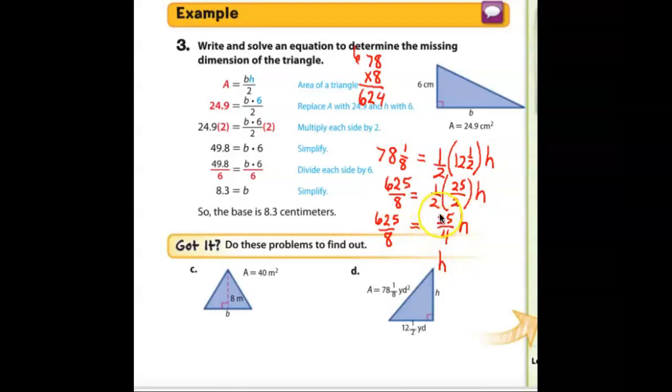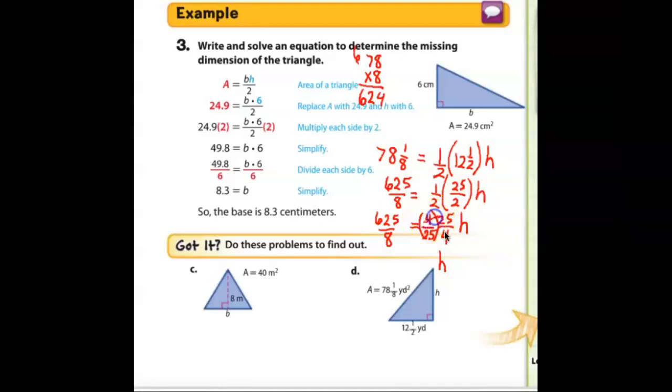Very good. The inverse operation is to divide. So when we divide fractions, we have to keep, change, flip. So we're going to keep the 25/4. We're going to change the operation to multiplication, and we're going to do the reciprocal, and we're going to multiply by 4/25.